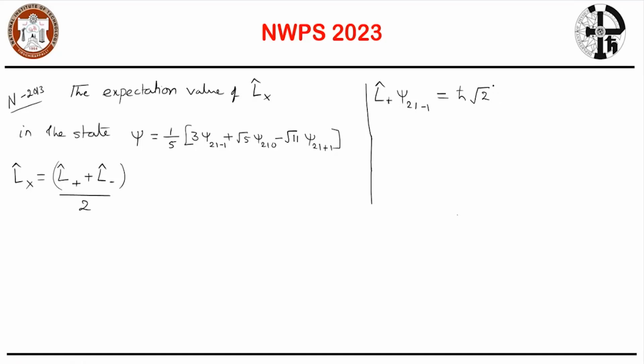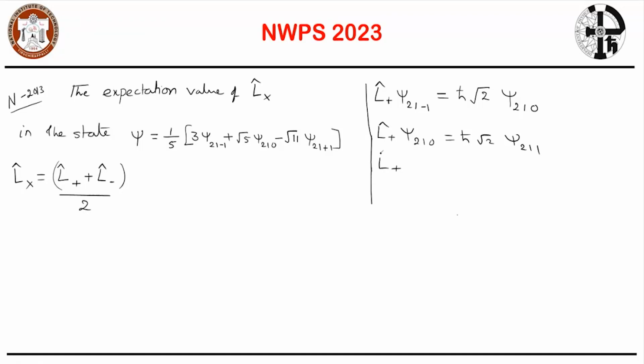Only root 2. So this is the root 2, and then you have psi 2, 1, 0. It rises. Similarly, L plus acting on psi 2, 1, 0 gives you h cross root 2 psi 2, 1, 1.